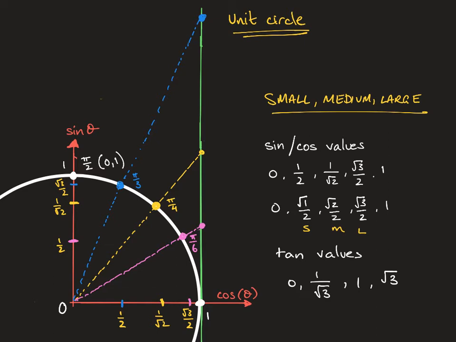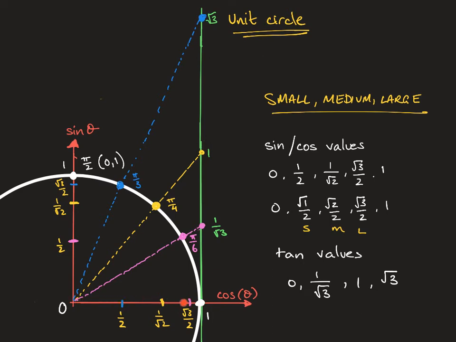And so the smallest is 1 on root 3, then 1, and then root 3. The thing that I like about this particular way of remembering is for tan, you measure from the point where it touches the unit circle through the origin of the circle, and you extend that line to where it cuts the tangent line and you read it off here.